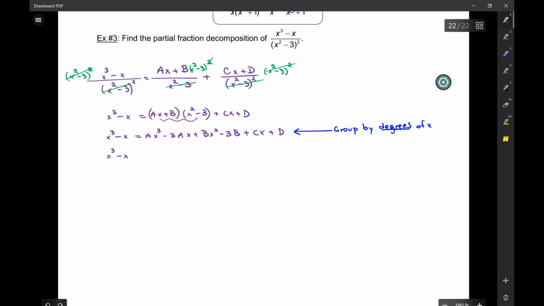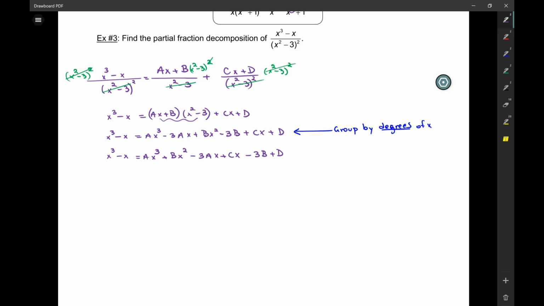Now I'm going to write ax cubed plus bx squared, in decreasing order of the exponents of x. And then where are my x's? I have negative 3ax plus cx minus 3b plus d. Always count to make sure all your terms are accounted for. So 1, 2, 3, 4, 5, 6, 1, 2, 3, 4, 5, 6.